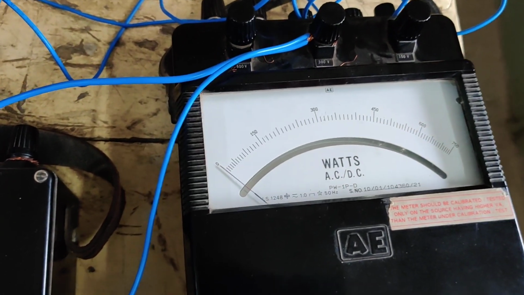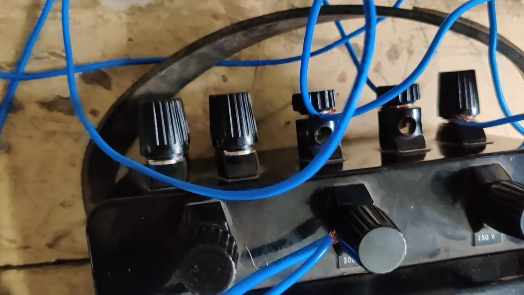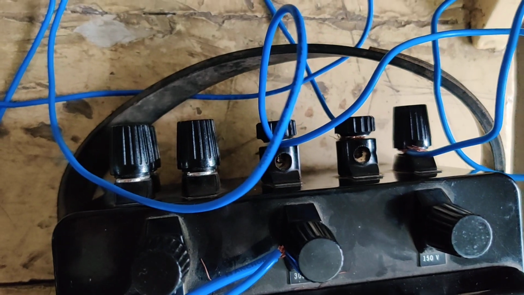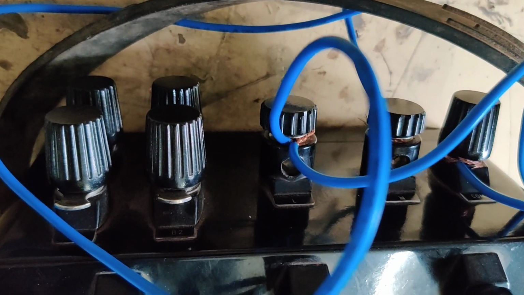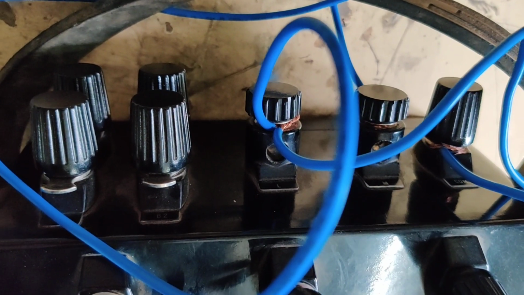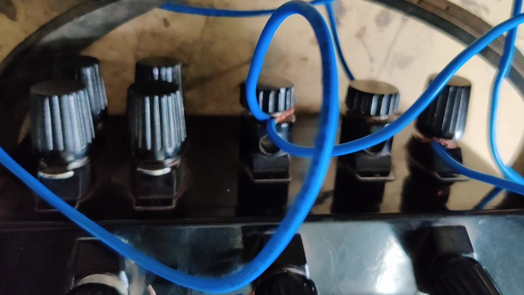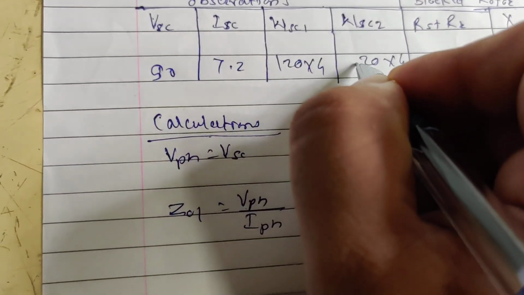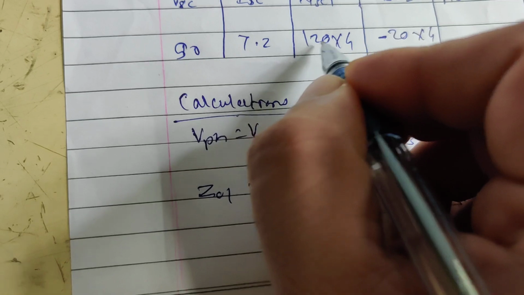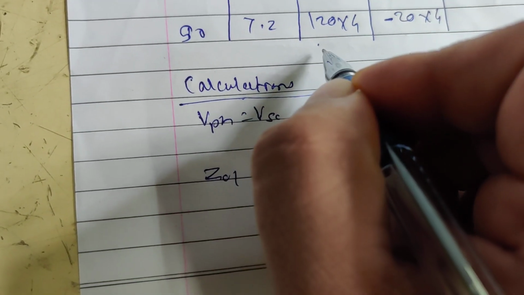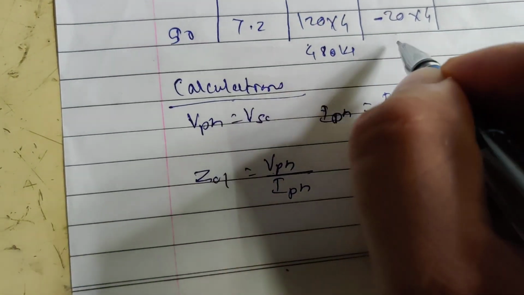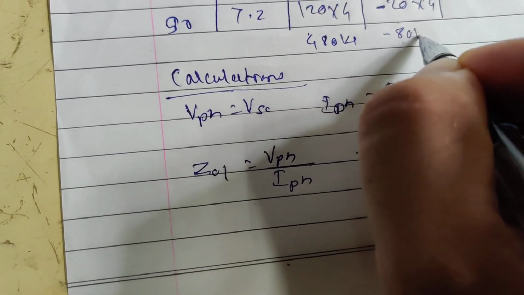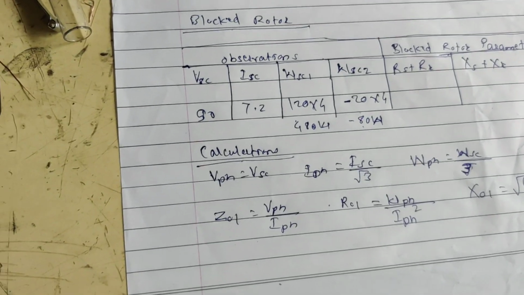Otherwise, you have to see the connections: whatever connections were present on M are shifted to L, and whatever were present on L are shifted to M. That is how we are supposed to give the negative sign here. So this is 120 multiplied by 4, which becomes 480 watts, and here is minus 80 watts.